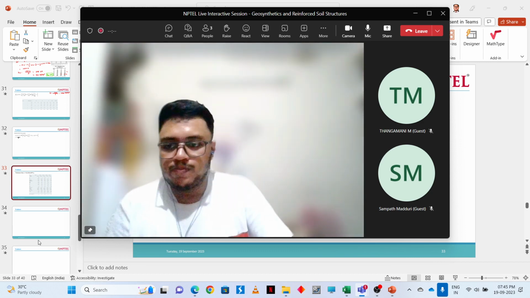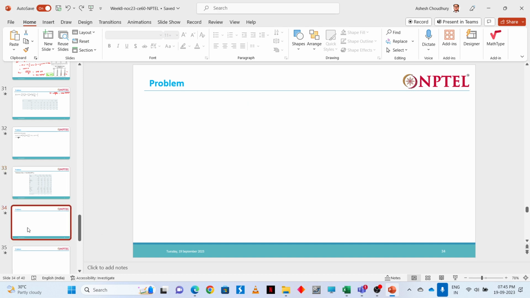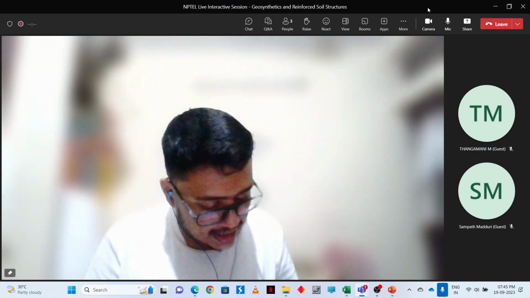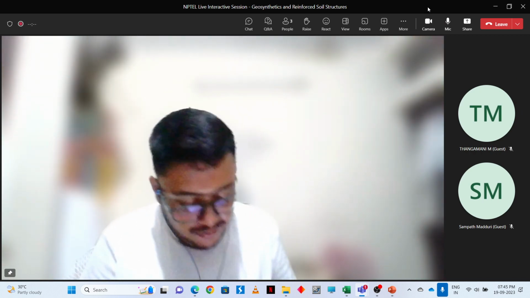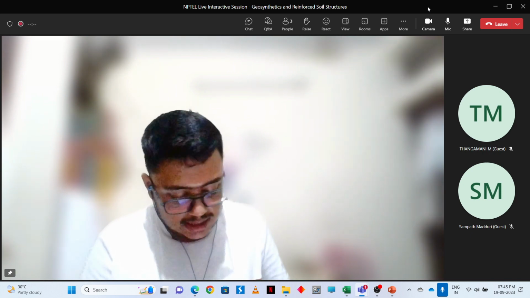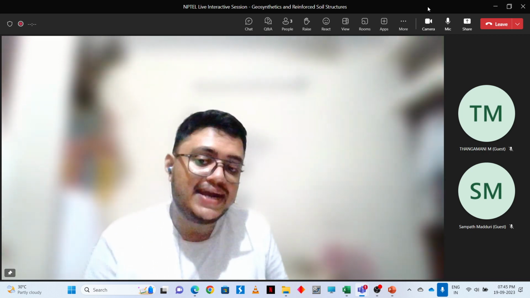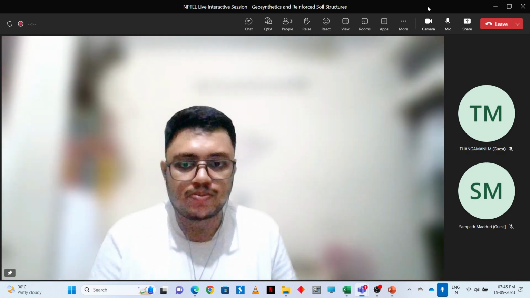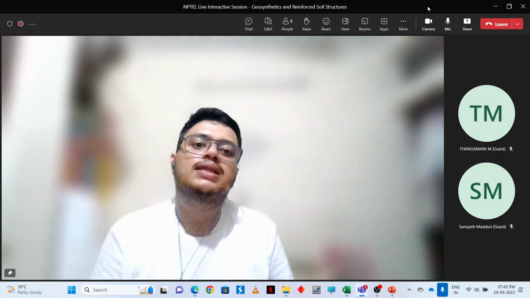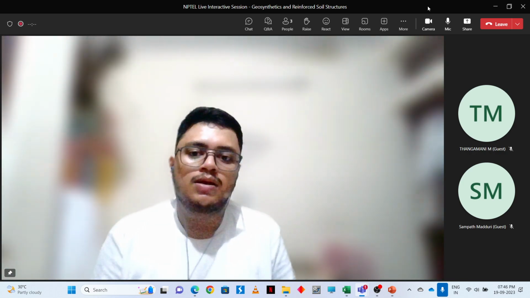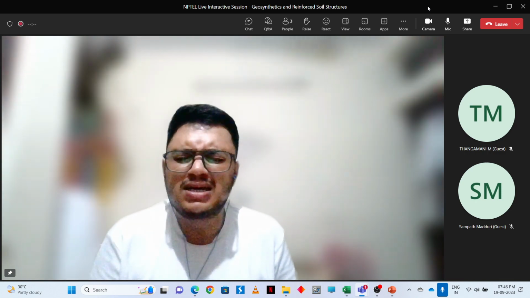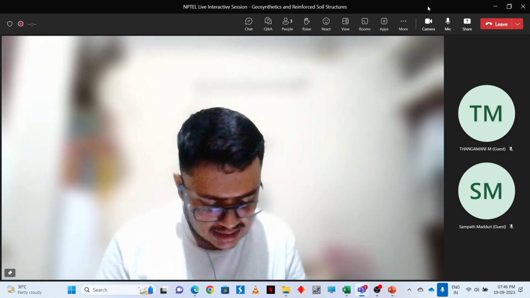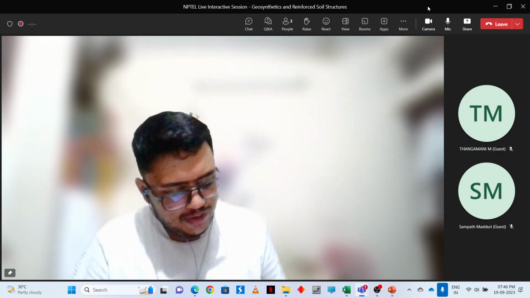Now if I share the screen again, say we decide to provide the width of the foundation as 2 meters, all the other things remaining same, all the spacing and everything remaining same.